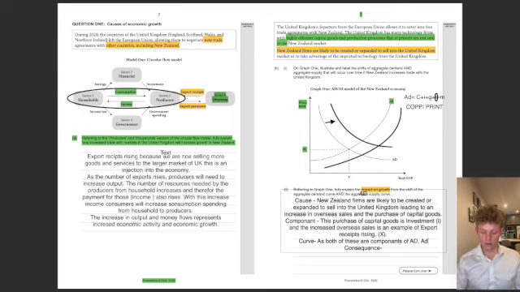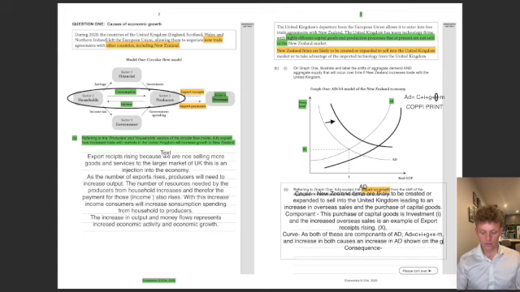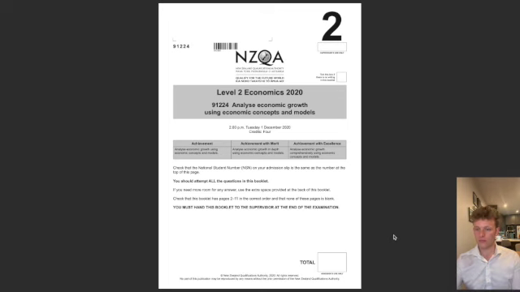AD equals C plus I plus G plus X minus M. An increase in both causes an increase in AD, shown on the graph as a shift to the right from AD to AD1.